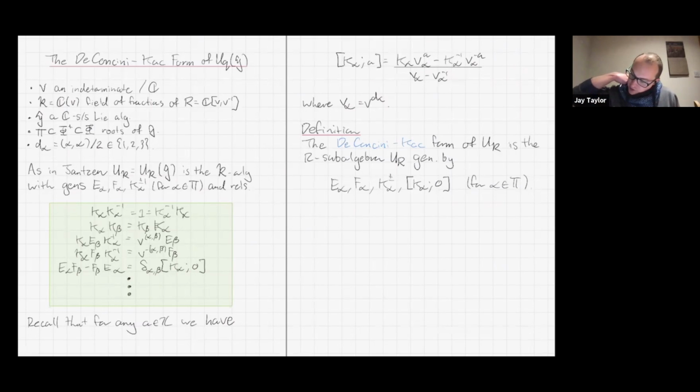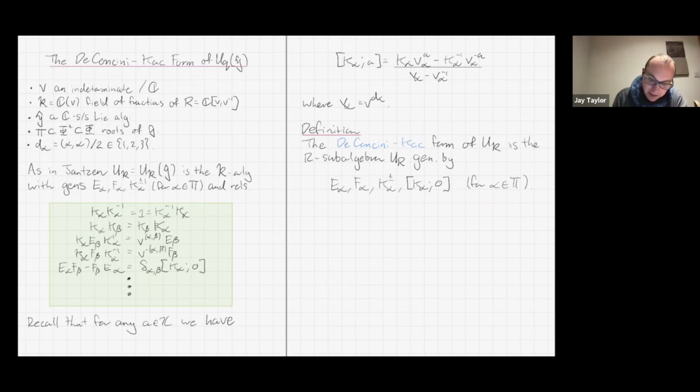Okay, just a reminder, Jantzen can work more generally with lattices lying between the root lattice and the weight lattice to set up his quantum group. But I'm just going to work with the simply connected version, so I'm always going to assume that I'm working with the root lattice. I also wanted to make one more remark.